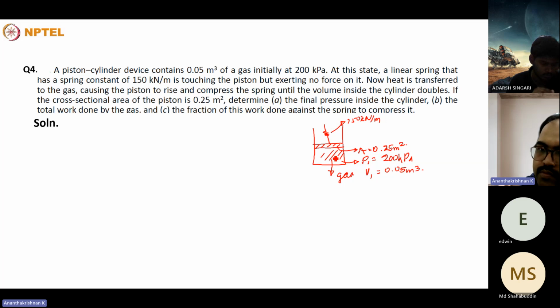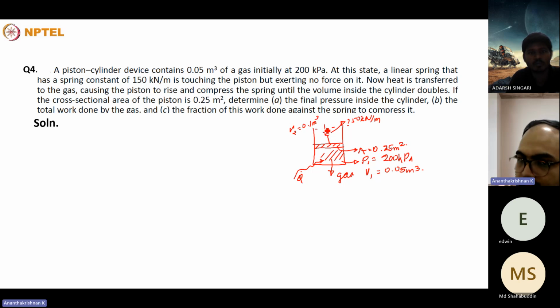Now the heat is transferred into the gas, causing the piston to rise and compress the spring until the volume inside the cylinder doubles. Initially it was 0.05 and finally it will become 0.1. The new point V2 will be equal to 0.1 meter cube.